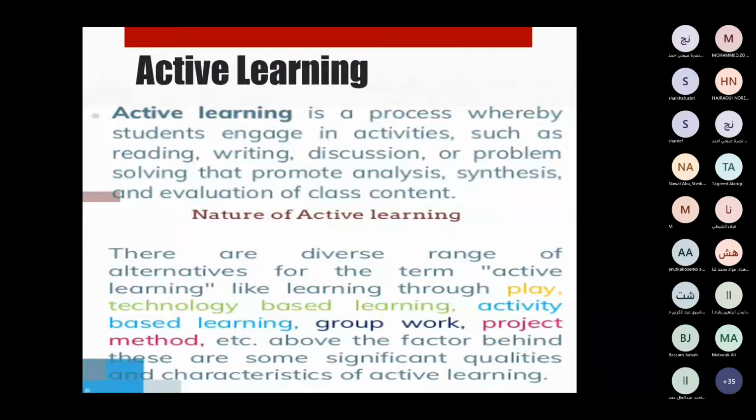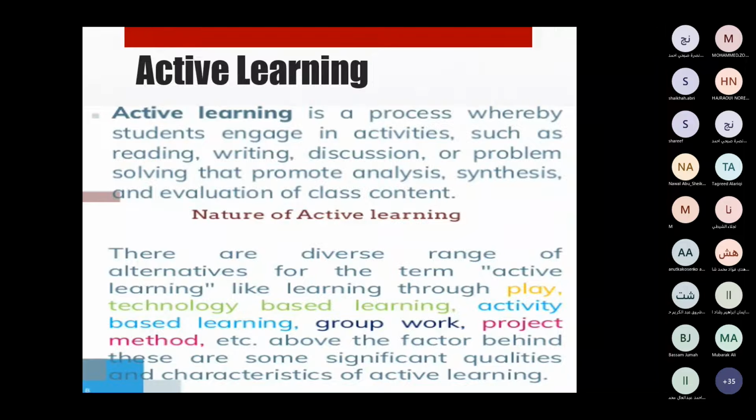The nature of active learning. Now, there is a diverse range of alternatives for the term active learning, like learning through play, technology-based learning, activity-based learning, group work, project method, etc. Behind these are some significant qualities and characteristics of active learning.